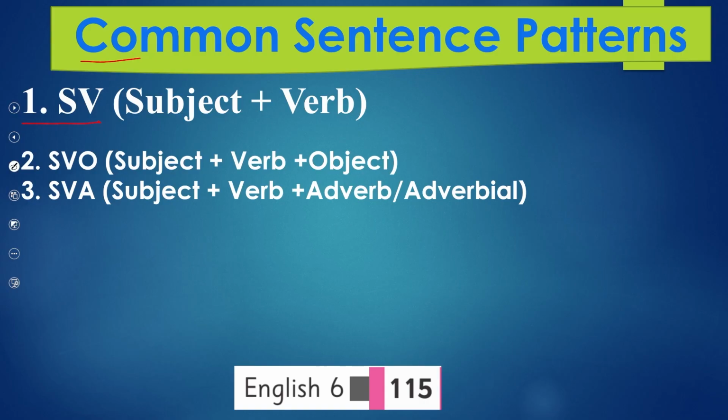Next one is subject verb object. And third one is SVA, that is called subject verb adverb or adverbial. It will also be adjectives. These are the three basic common sentence patterns.